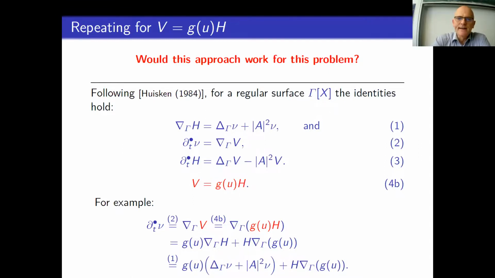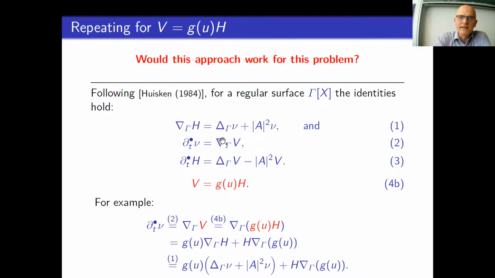Yes, it does. Following Huisken, or at least there we found it for the first time, you have the following geometric identities. The Laplacian of the normal equals the gradient of the mean curvature plus |A|^2, where |A|^2 is the square of the norm of the second fundamental form, times the normal.